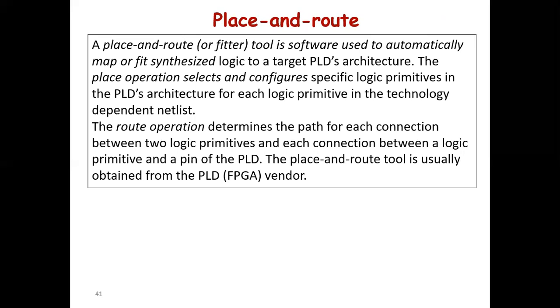The route operation determines the path for each connection between two logic primitives and each connection between a logic primitive and a pin of the PLD. The place and route tool is usually obtained from the PLD, that is FPGA, vendor.